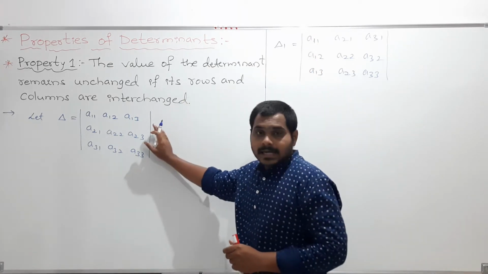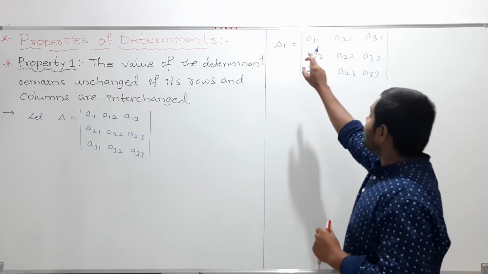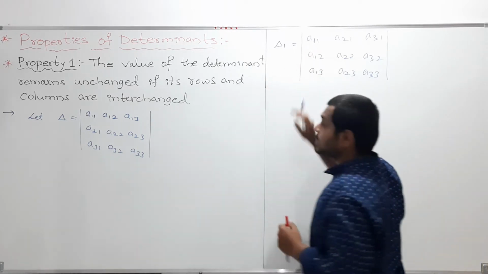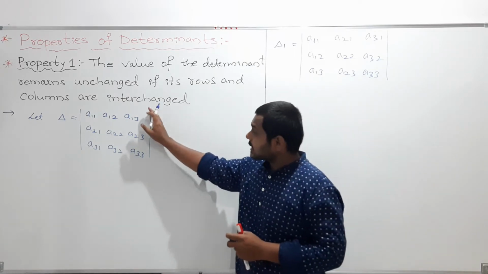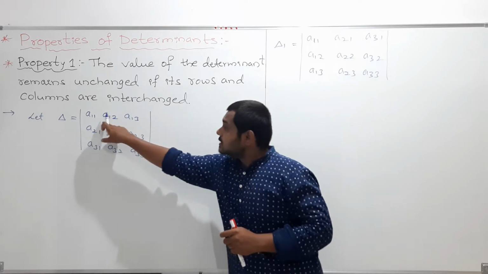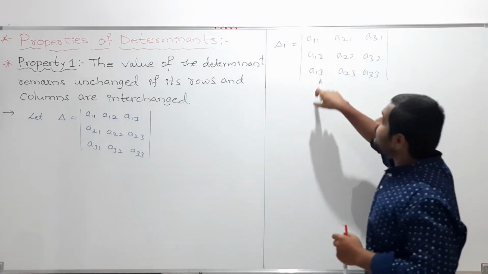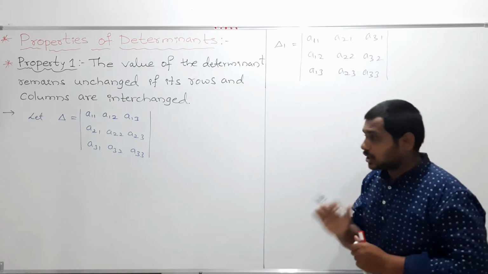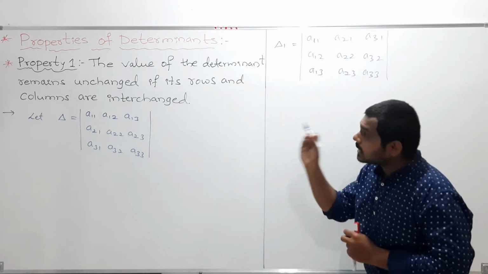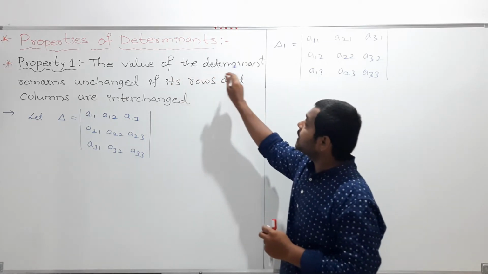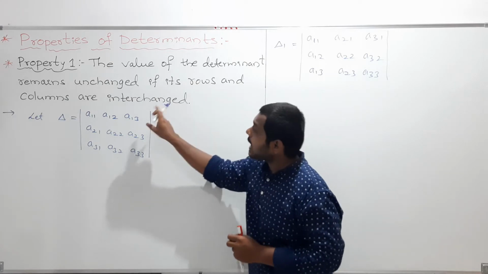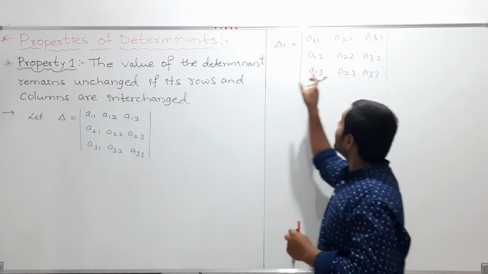This is the one determinant I consider delta, and another one I am taking here as delta 1. The difference between this and this determinant is that whatever elements are there in the rows of delta, I write in terms of the columns. I interchanged the rows into columns. Now what they are saying is, the value of the determinant remains unchanged if its rows and columns are interchanged.